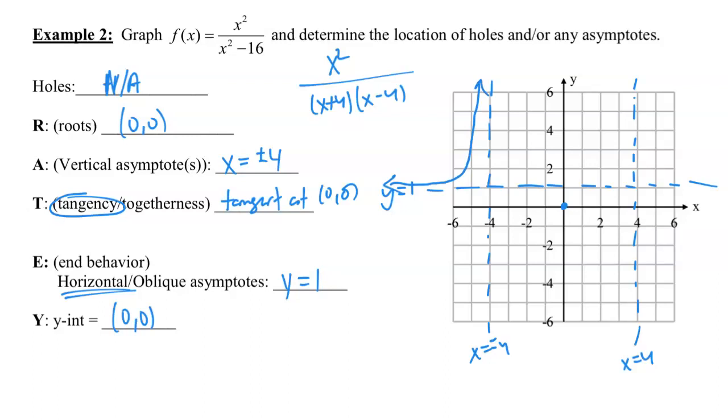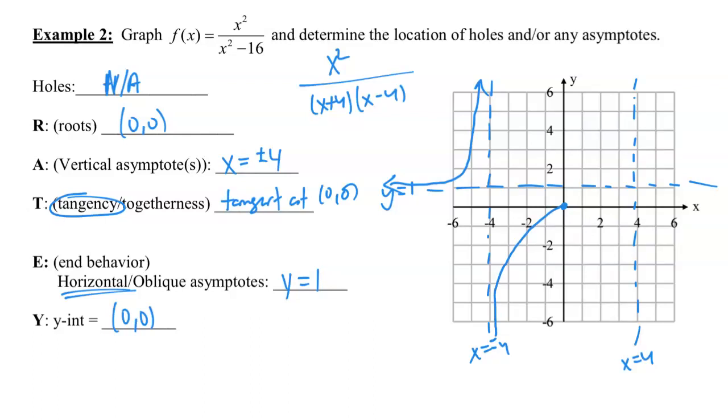Now, do I have togetherness at the asymptotes? The answer to that question is no, because we did not have a squared term on either of these factors. And so since we are not together, that means that on the other side of this asymptote, I'm going to have to start from below. The first place I'm going to go is to my x-intercept right there.